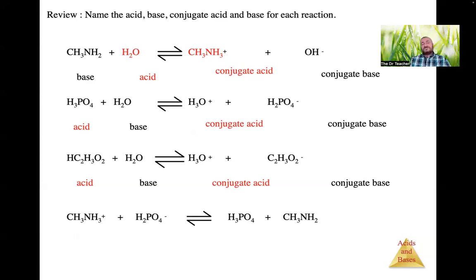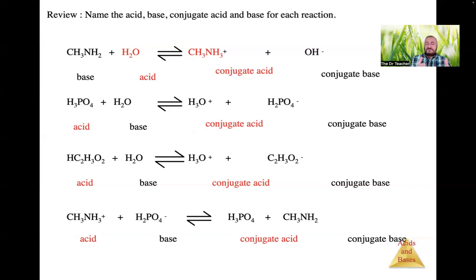Now the acid is NH3 plus, because this already took an extra proton. It has an extra proton, so it's an acid, whereas H2PO4 minus is a base. And then you end up with H3PO4 as an acid, which is the conjugate acid. And then that one will be the conjugate base.